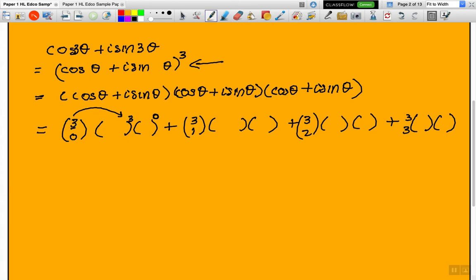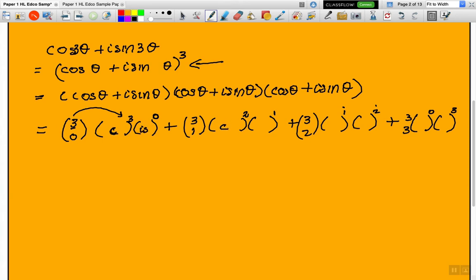And then once you've established the first pair, you've got to remember that as you go across, this one will go down and this one will go up. So 2 goes down to 1, 1 goes up to 2, this one goes down to 0, and that 2 goes up to 3. The number that goes in here is going to be the cos, and the number that goes in here is going to be i sine.